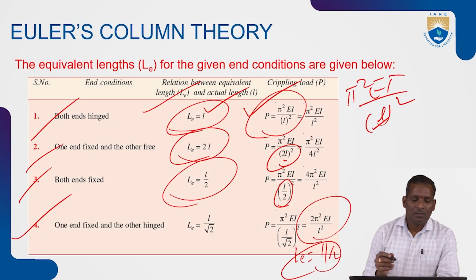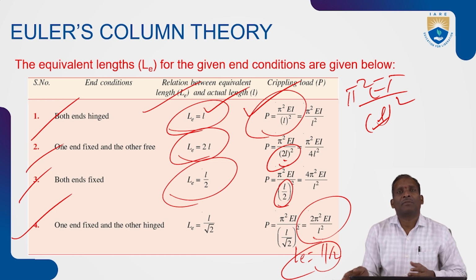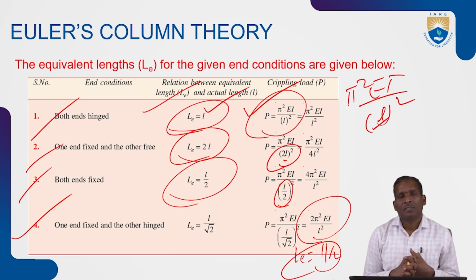Up to now we have completed Euler's column theory and the different end conditions. We have calculated the buckling or crippling load by using the Euler's column theory equation, and then we have discussed the equivalent lengths for the given end conditions.